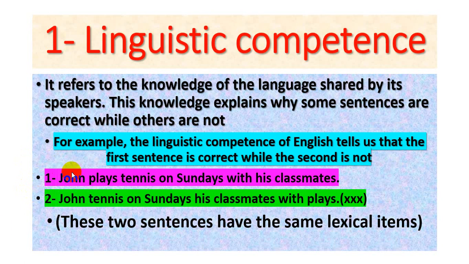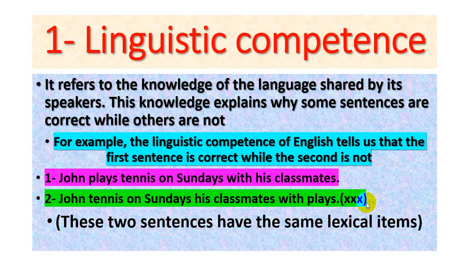John and John, plays and plays, tennis and tennis, on Sundays, and his and with and classmates. However, their ordering is not the same. So John occurs in the first position here, while John here again occurs in the first position. Plays comes second in the first sentence, while plays comes last in the second sentence.